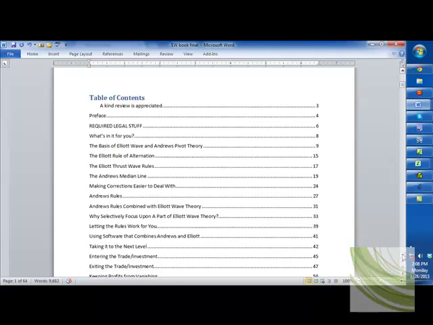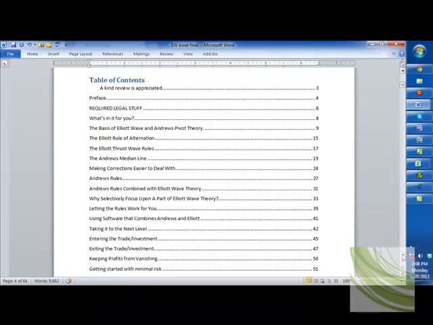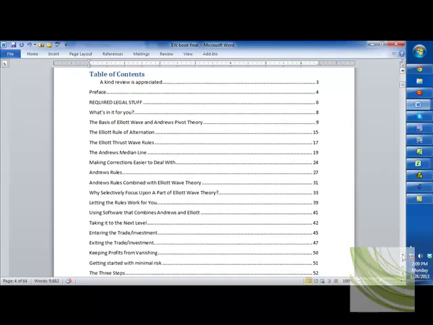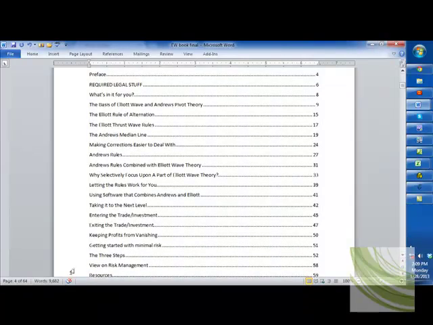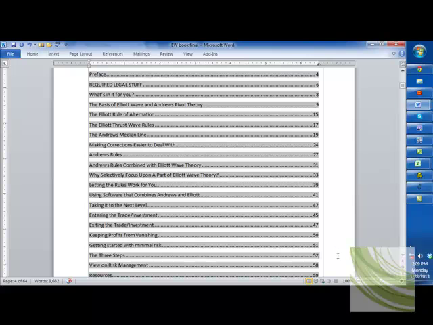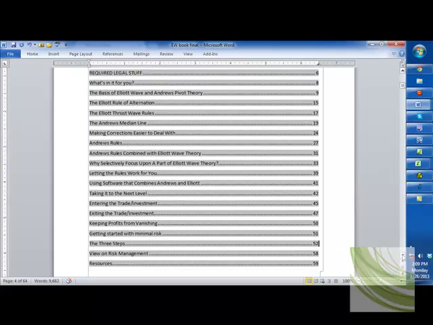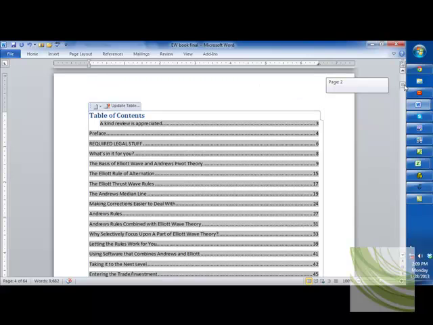We talk about Andrews rules and Andrews rules combined with Elliott Wave, and letting the rules work for you, and using software for this, and entering the trade and exiting the trade, and getting started with minimal risk. Most importantly, we talk about the 3 steps, because there are 3 easy steps that you need to take in order to make this work and work well. If you follow the 3 steps, chances are you'll have some pretty decent success. So the 3 steps are really important.